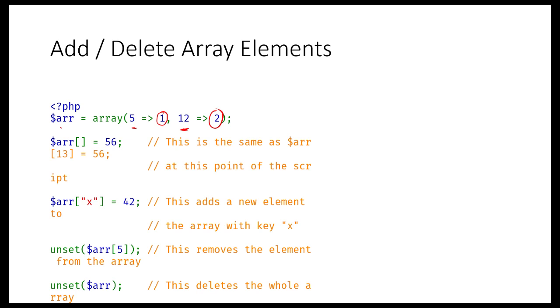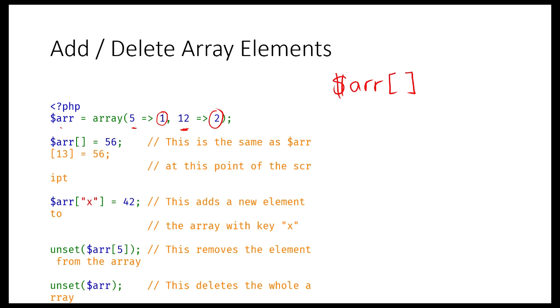Now, we can do something else here, and that is we can just create a blank array. If I were to create a blank array, I would just write the name of the array, in this case ARR, and that's enough to create a blank array.